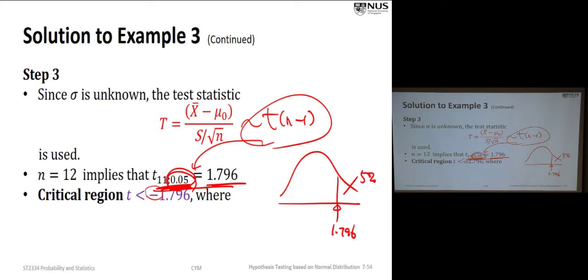But we are looking for a value for which smaller than that value is 5%. Because the distribution is symmetric about 0, it's like a mirror at 0 that reflects it. So this is minus 1.796, and this area is the same as that area. So we are comparing with minus 1.796.